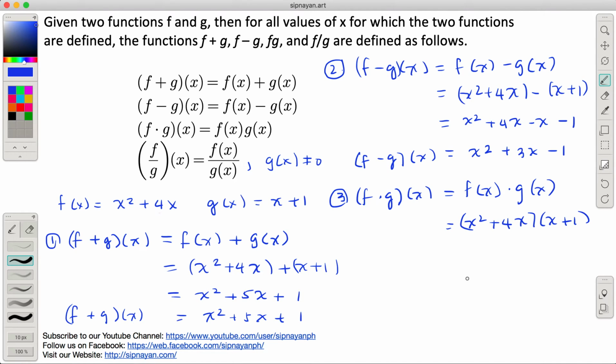Parang gusto ko kayo na lang mag-multiply niya. Masyadong mahaba. Anyway, multiply na rin natin. We have x cubed plus x squared plus 4x squared plus 4x. So this is equal to x cubed plus 5x squared plus 4x.